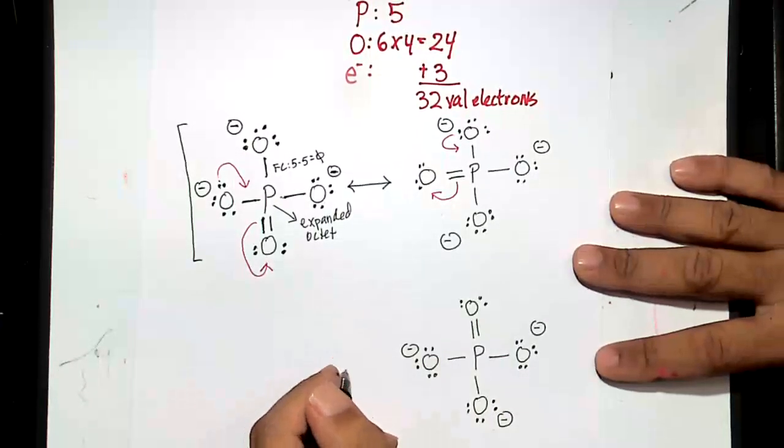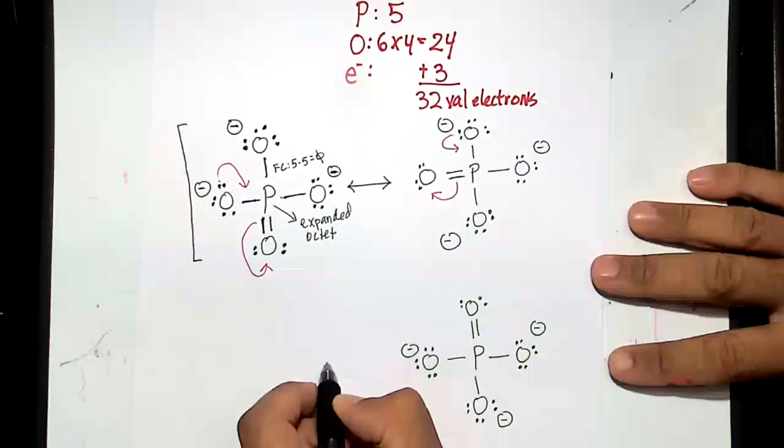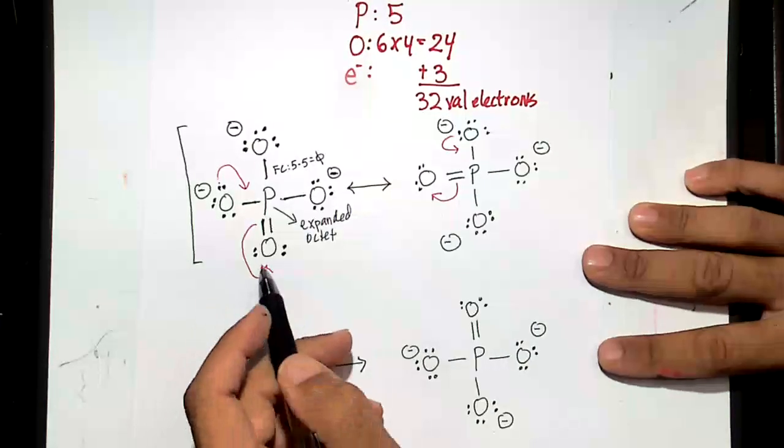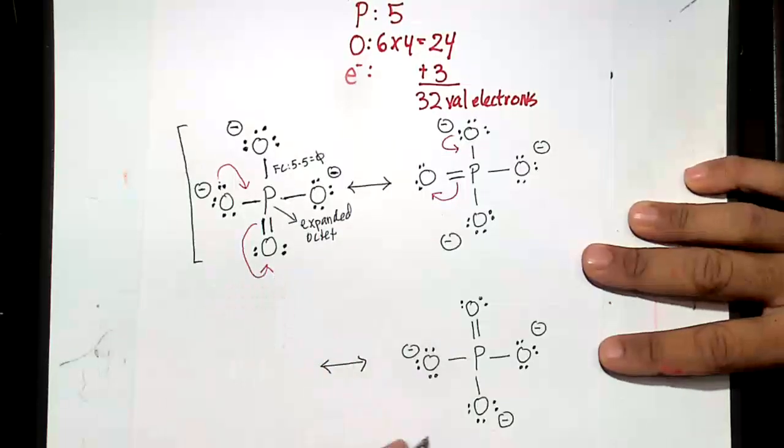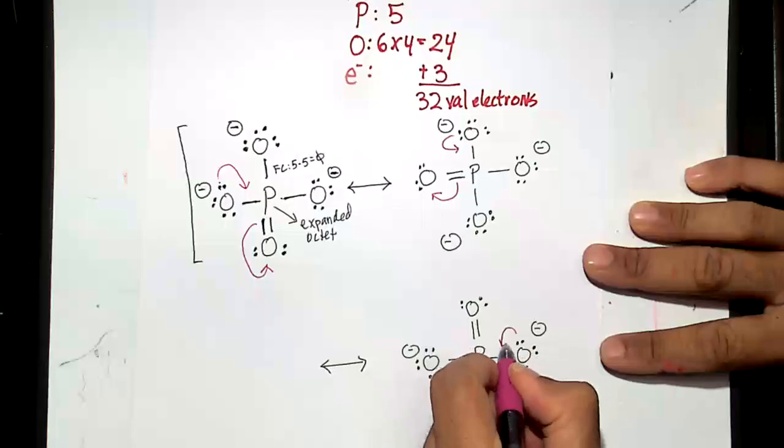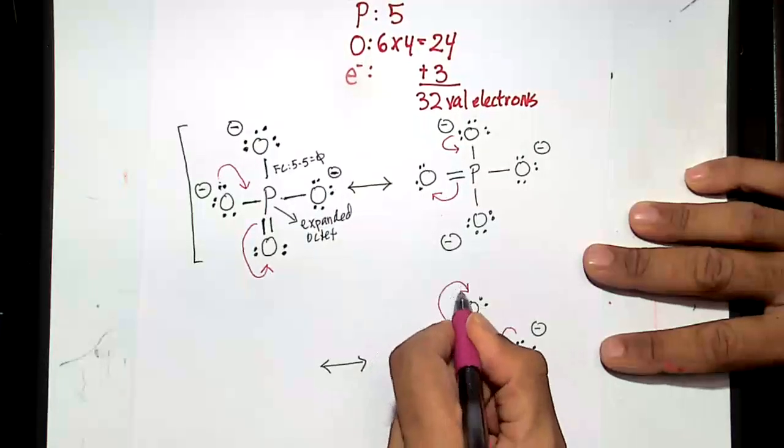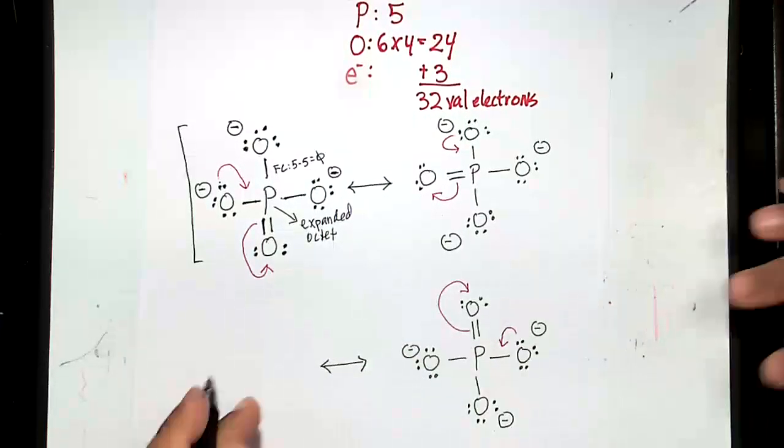All right, and what's the final resonance structure, you guys? To the right. How will I get it to the right? I will move one of these electrons here, and this will kick out this one there.